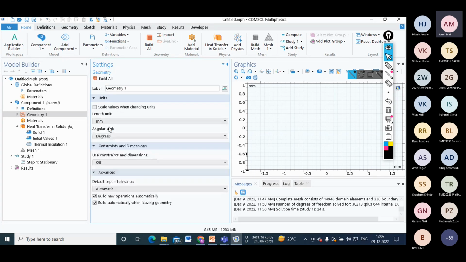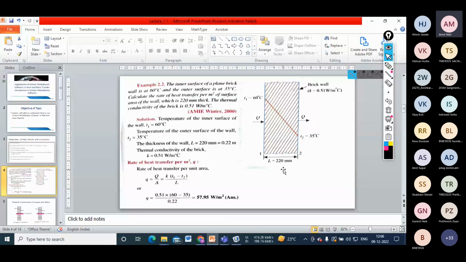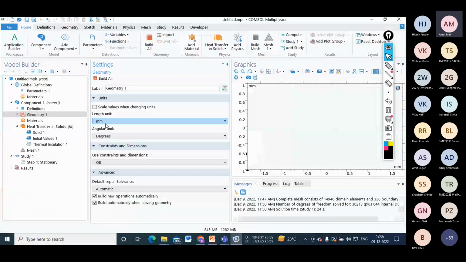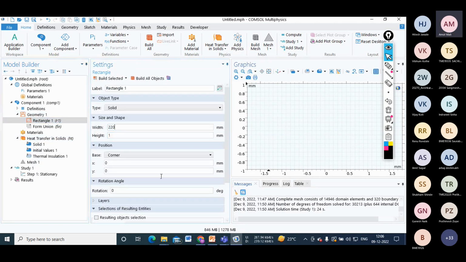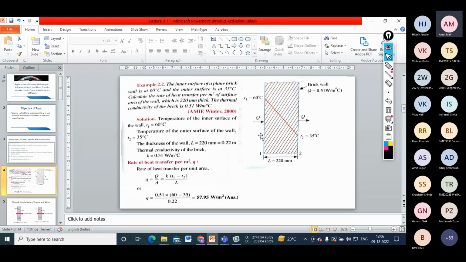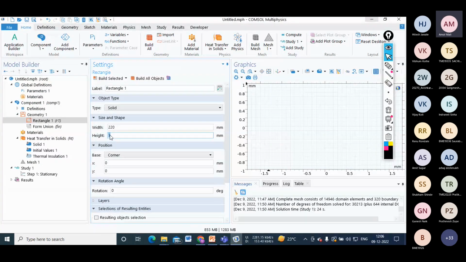So here I will select length in mm. The reason is that this width is 220 mm. Due to that reason the geometry which you are drawing should be in mm. So in geometry, then I will click on a rectangle. The width is 220, but is the height of that component given? No. Due to that reason we will assume the height, but that height should be greater than the width. कितना होना चाहिए, तो यहाँ पर मैं 300 height ले लेता हूँ.